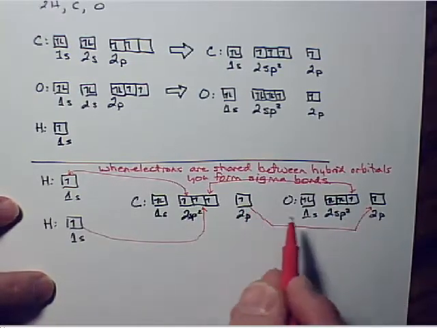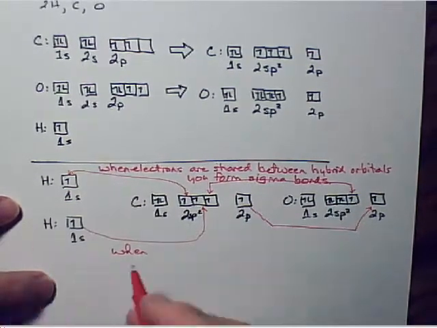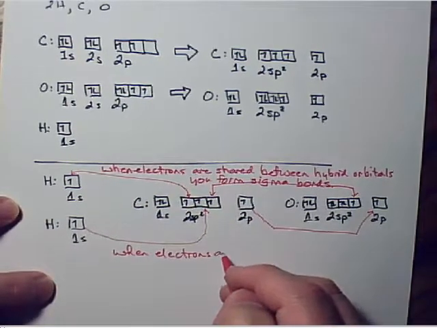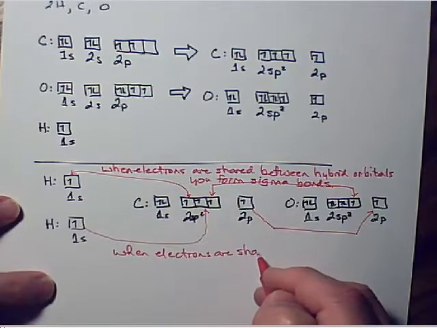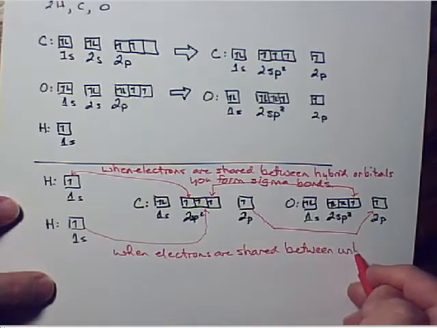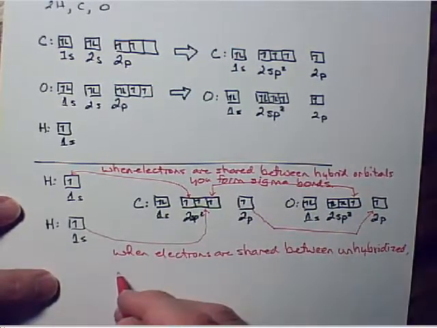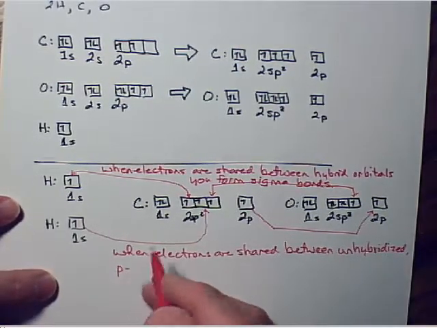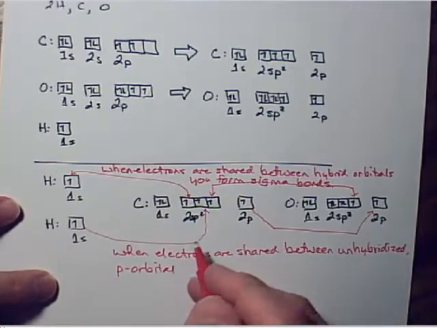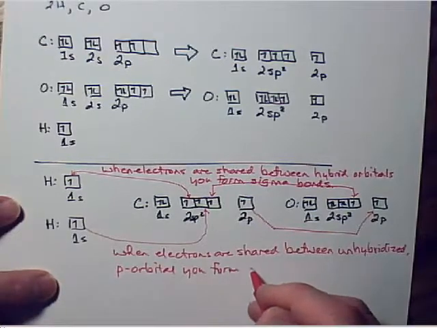Here, we're not sharing between hybrid orbitals. The p orbitals didn't get hybridized. So whenever we share orbitals between unhybridized orbitals, and those unhybridized orbitals will always be p orbitals, well, in this class they will be anyway, you form a pi bond.